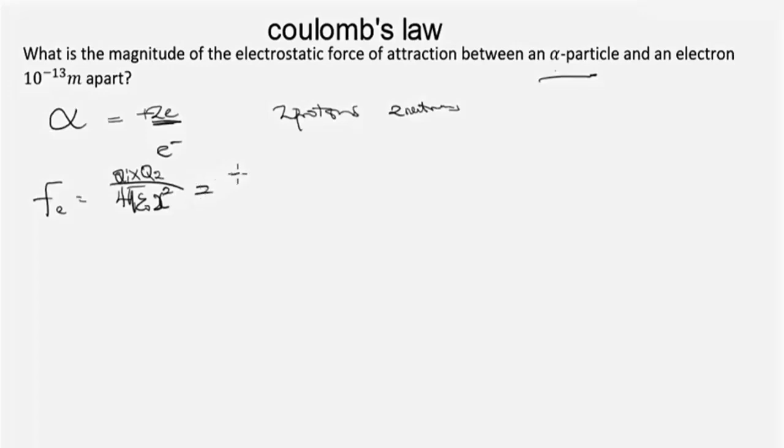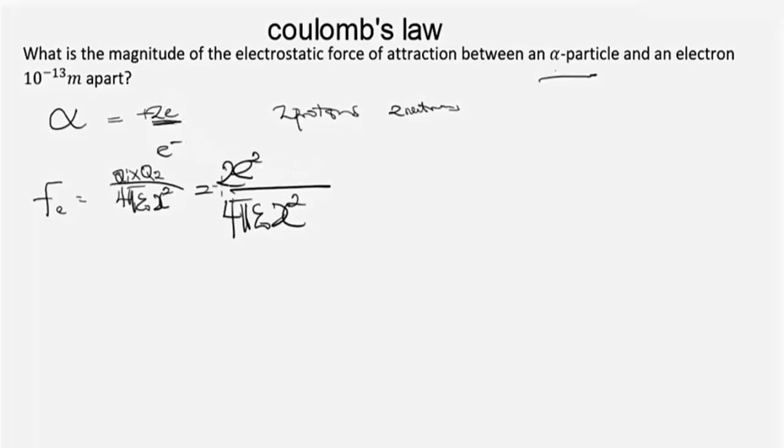If we do this, we can also see this to be 2e squared over 4 pi epsilon naught x squared.